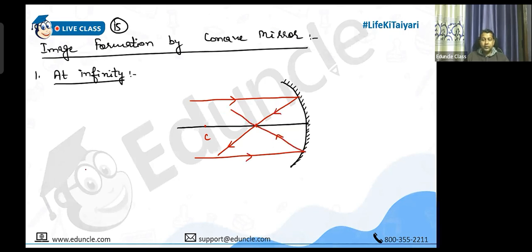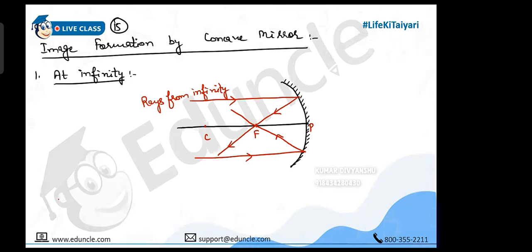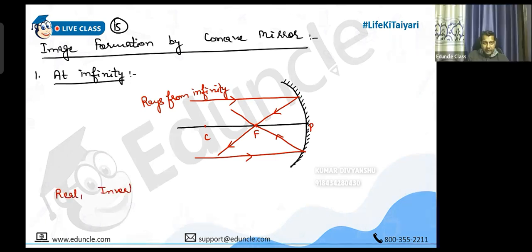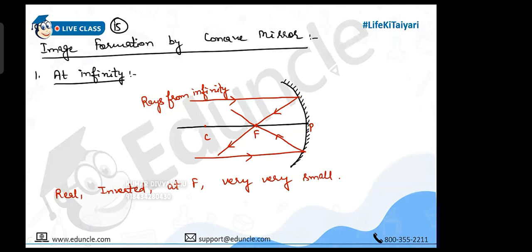You can see these are the rays from infinity because the object is placed at infinity, na? And they are meeting at the principal focus. So image is getting formed at the focus. So image is real and it will be inverted at f. And of course, very, very small, almost point size. Clear?